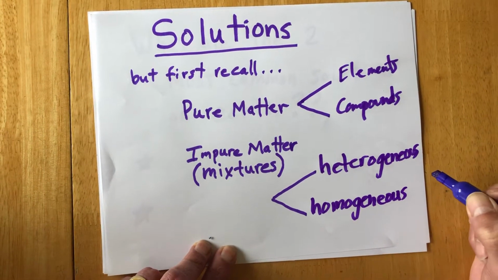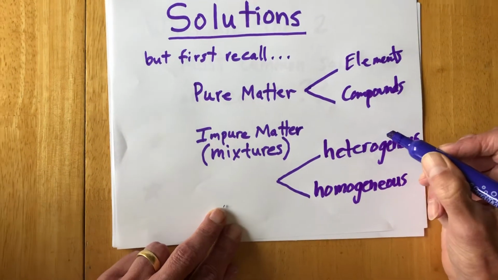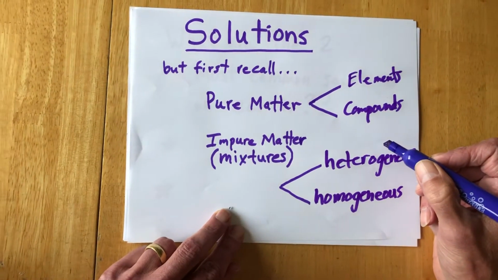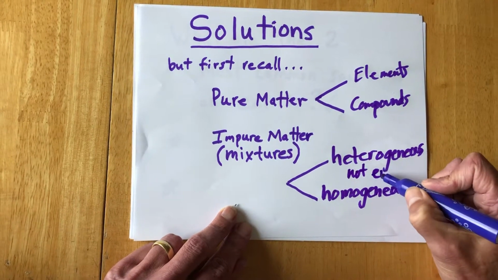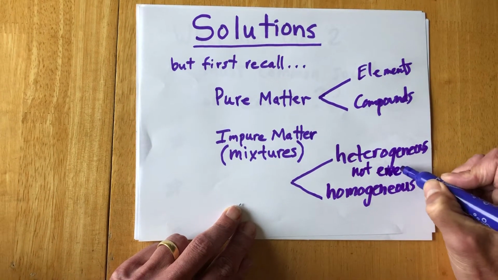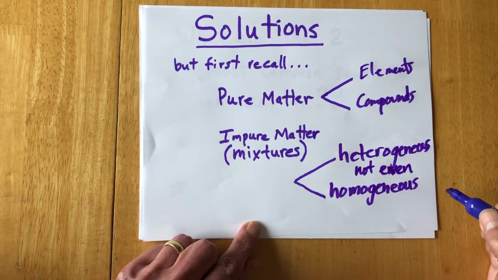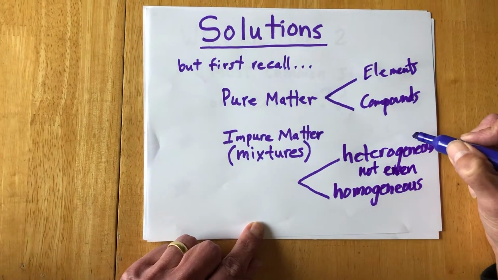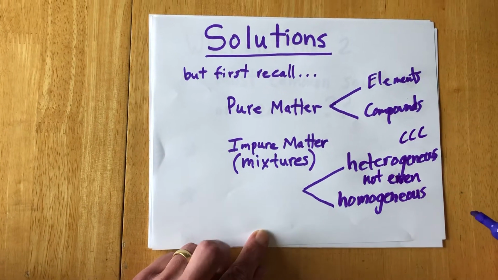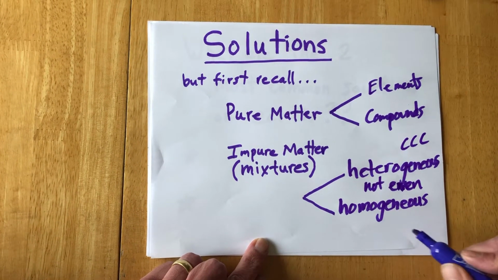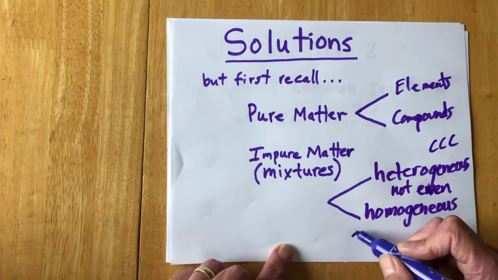You probably remember these. Heterogeneous mixtures are mixtures that are not evenly mixed, not even. So the classic example of a heterogeneous mixture was the old chocolate chip cookie. And then homogeneous mixtures are evenly mixed.